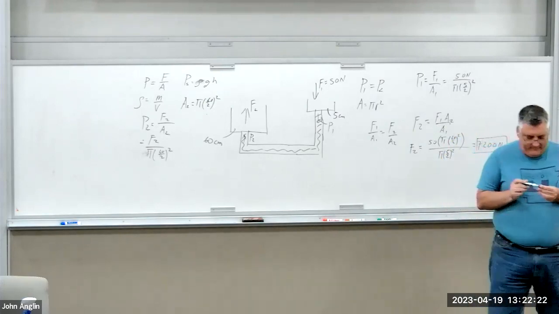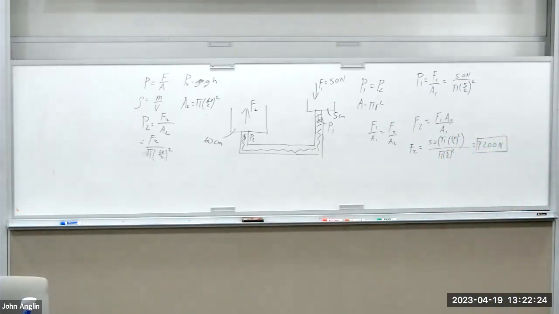I don't remember the conversion from newtons to pounds off the top of my head. So 1 Newton is about 0.22 pounds, about a quarter of a pound.